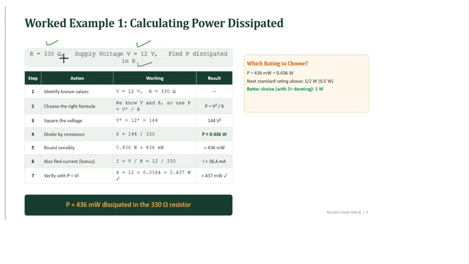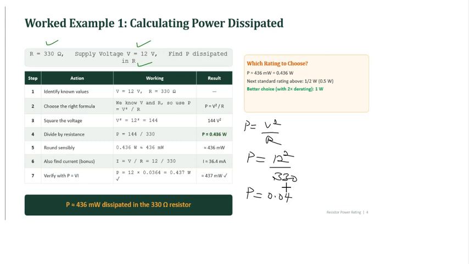So you already know R and V, so it is convenient to use power is equal to V squared all over R. That's going to give us 12 squared all over 330.